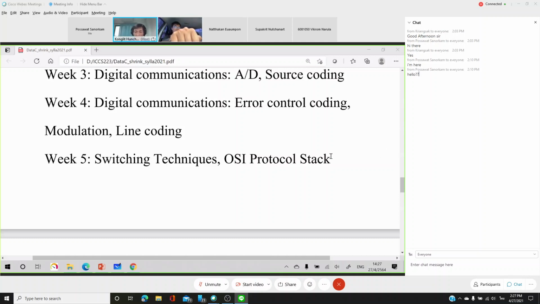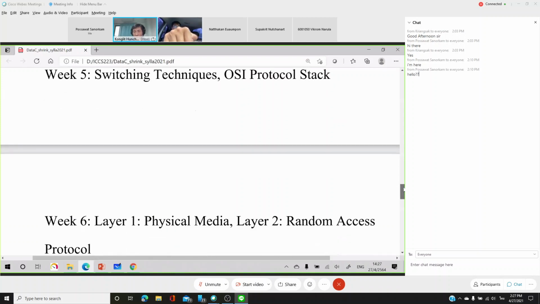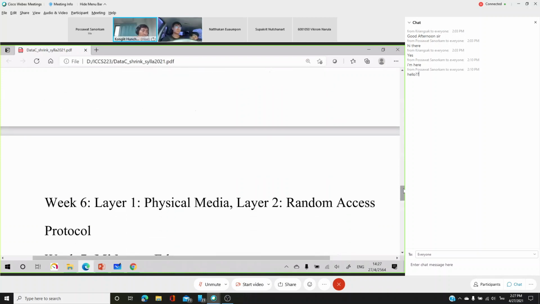And we're going to take a look at the protocol stack. In this class, we're going to look into the first 4 layers. The first 4 layers concern the communication network. Layers 5, 6, and 7 mostly concern applications.